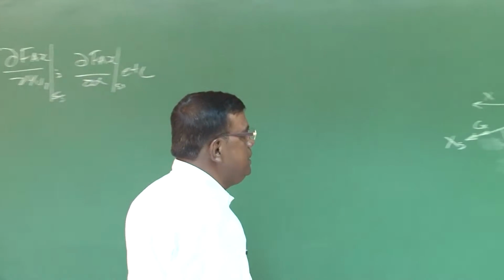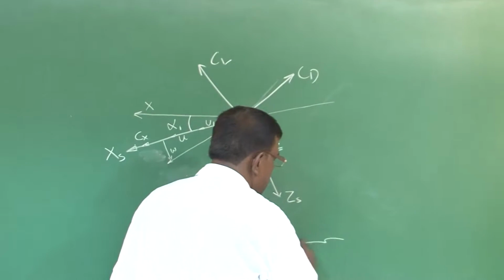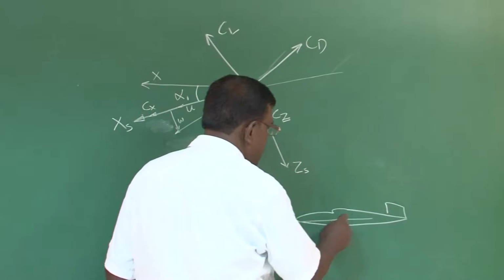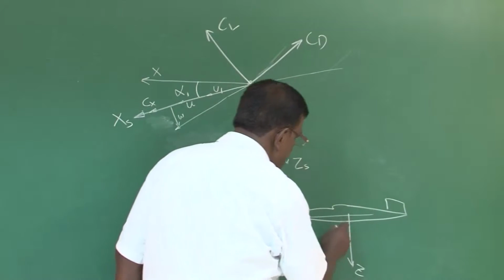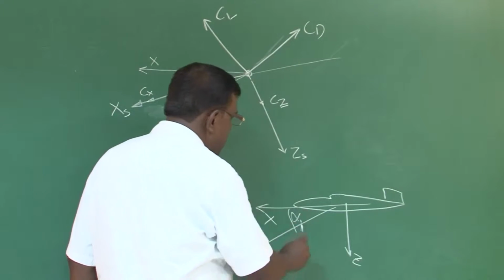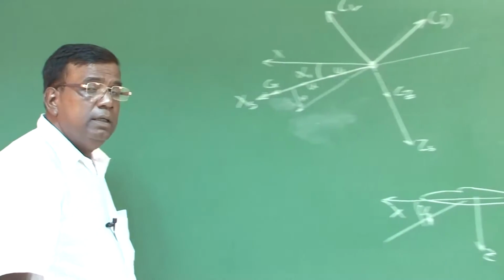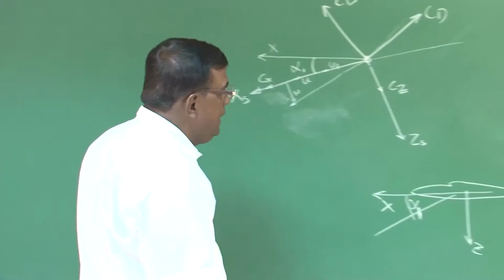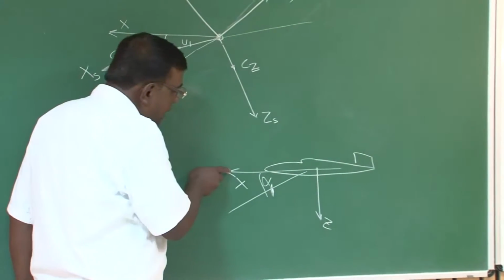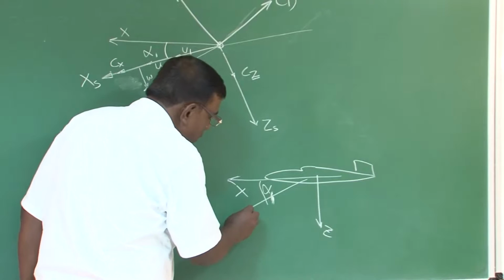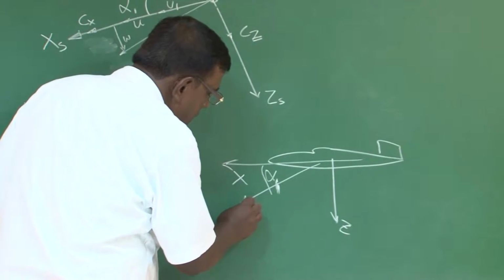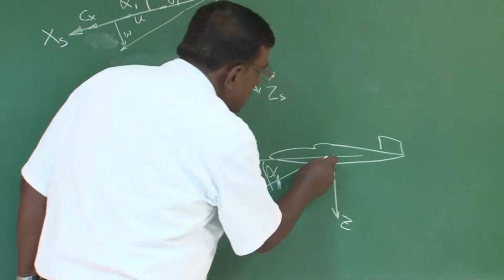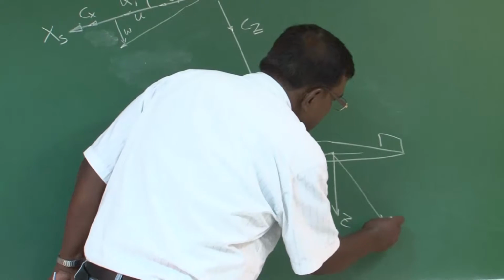To revise your understanding, if this is the plane with the x-axis like this and the z-axis like this, it has a steady state angle of attack, let's say alpha 1. When defining the stability axis system, I align the x-axis along the total velocity in the vertical plane, and I call it xs, and naturally z becomes zs.